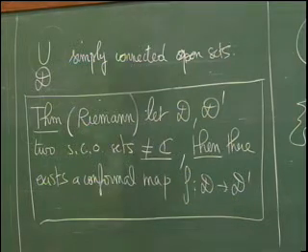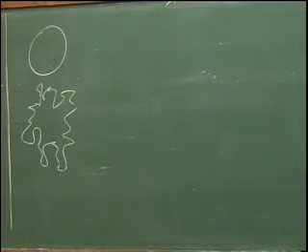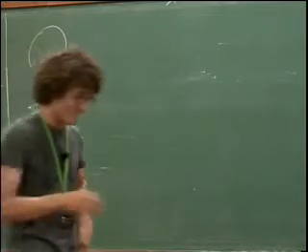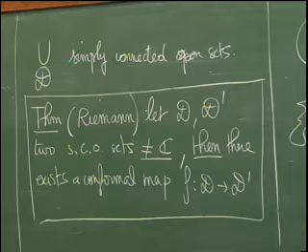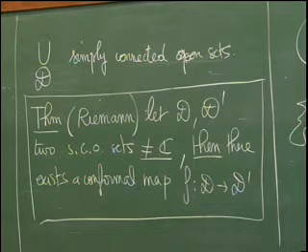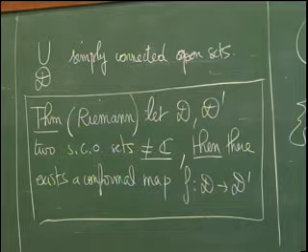Okay? So this theorem actually is not due to Riemann, like always. In his thesis, Riemann proved a weaker form of it, assuming what we call the Dirichlet principle, which is not obvious and not even true every time.